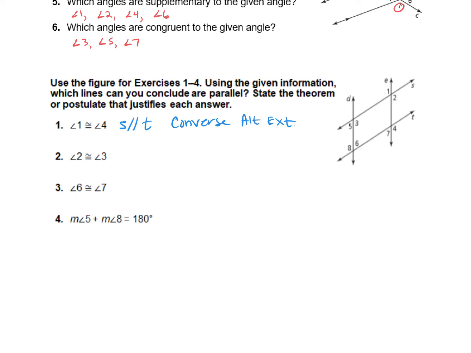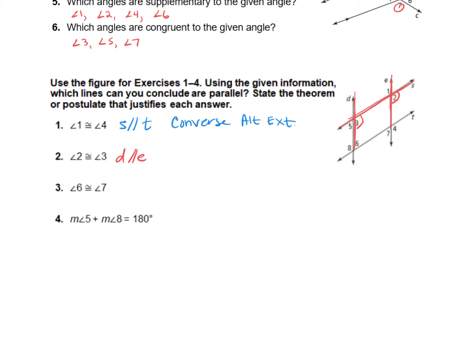All right, if we know that angle 2 is congruent to angle 3, let's find angle 2. Here's angle 3. Draw the line that connects those. That is your transversal, which makes these our parallel lines. So I think that D is going to be parallel to E. What's the reason?